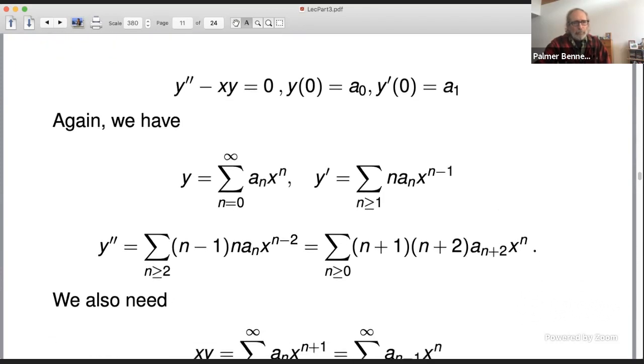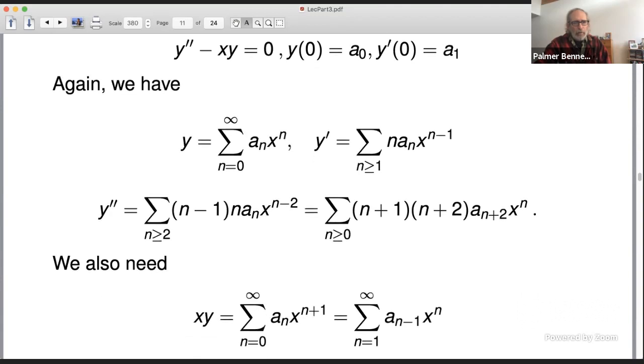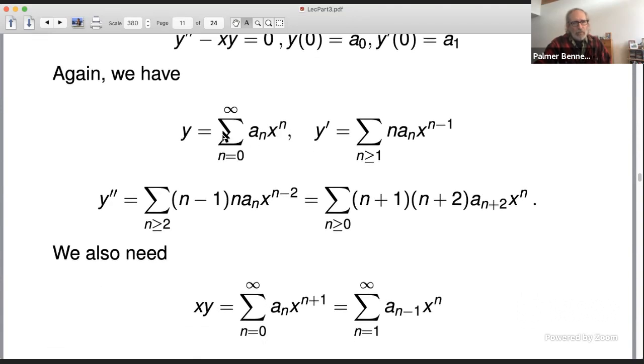So if this is our series and we multiply it through by x, we just multiply x to the n by x, and we get x to the n plus 1 instead of x to the n. All I did was multiply this through by x, and we have to shift the index of this now because it has an exponent n plus 1.